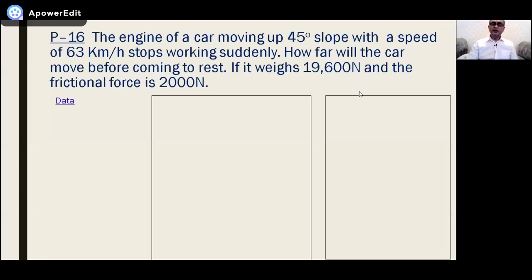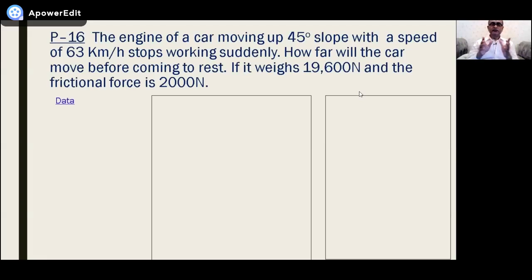That is why we will not use the simpler formula A is equal to G sine theta, but A is equal to G sine theta minus F upon M, as you can see. Secondly, here the weight is given. 19,600 Newton is the weight of the car. But since the formula has M, the mass of the body, we'll also convert weight into mass by using the formula W is equal to mg.